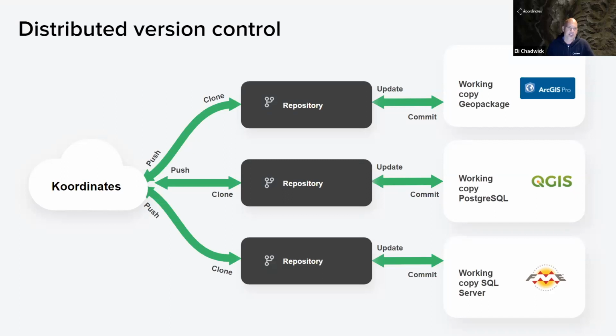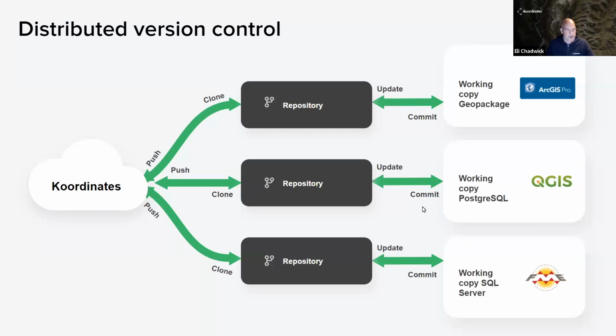It allows people, say you might have an Esri system, to make edits on a data set and push it back up to the parent repository, and then you could have a QGIS user or any other ecosystem, and it allows everyone to collaborate on the same data set without having to make different copies or different versions of the data. It just makes it a whole lot easier to manage your workflows.